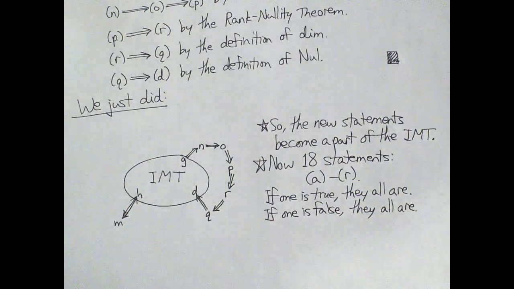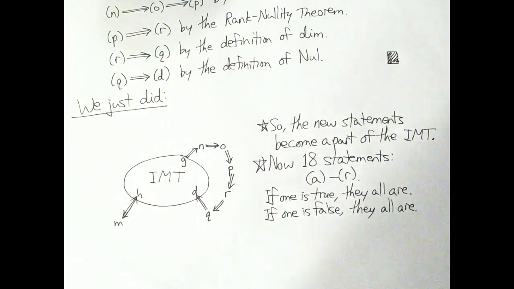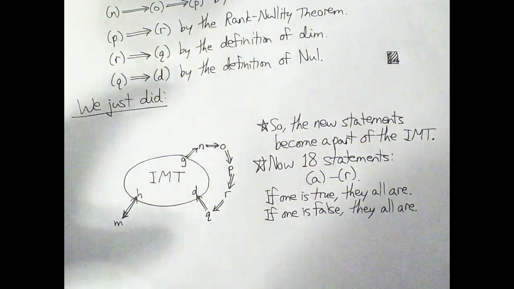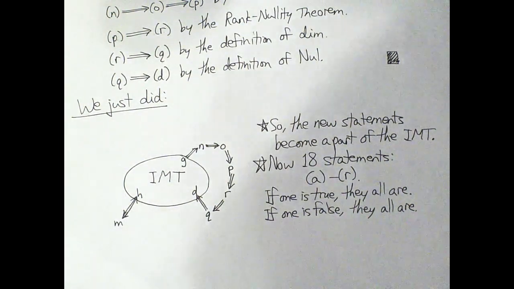It's called the invertible matrix theorem because statement A says the matrix is invertible. So it basically says, if a matrix is invertible, you get these other 17 statements that are also true. If a matrix is not invertible, you get these other 17 statements that are also not true.